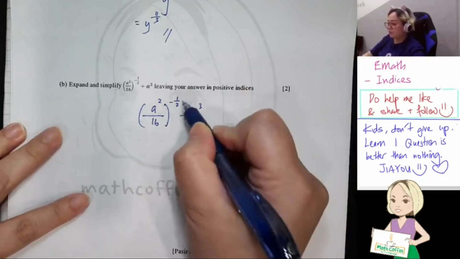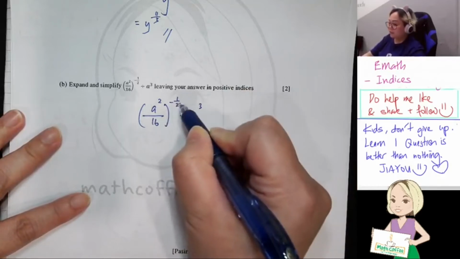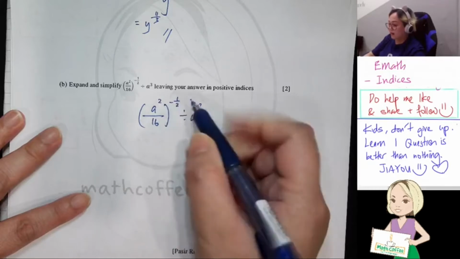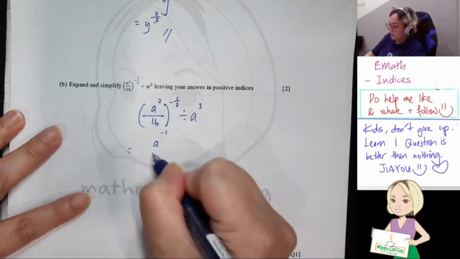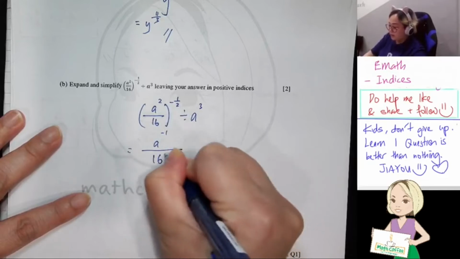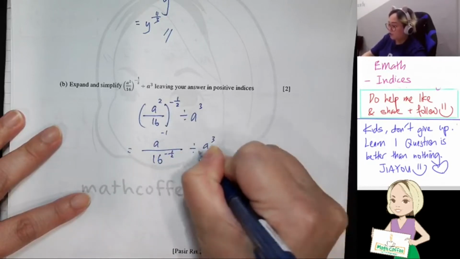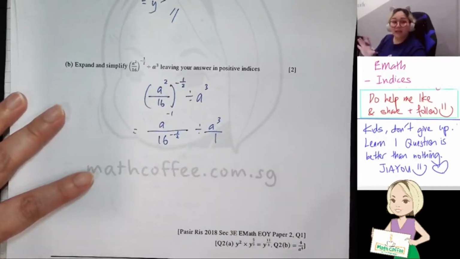So what I'm going to do is, remember power. Power means I'm going to multiply in. So it becomes 2 times negative half, so it becomes A to the power of minus 1. This one becomes 16 to the power of minus half. This one I keep as it is first, I don't change it first. Then let's settle the negative index.